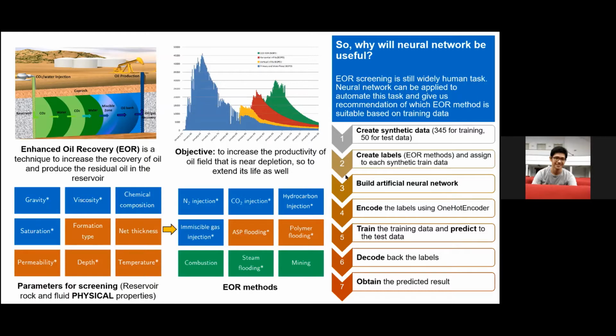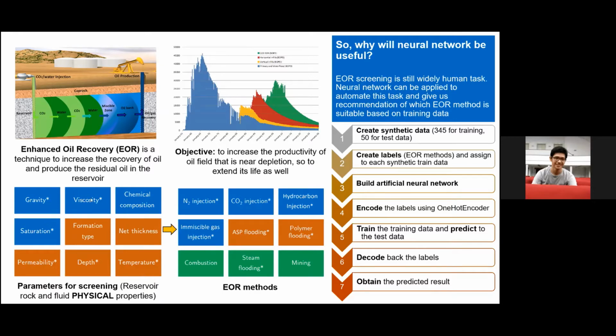So here I present seven steps. The first one, I create synthetic data, using NumPy random. In a random fashion, I generated 245 observations, and each observation consists of these properties.